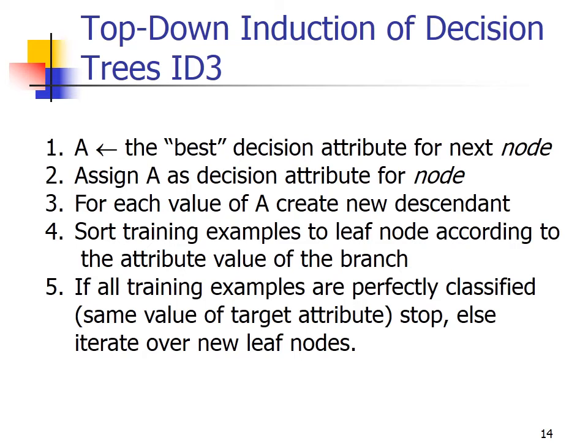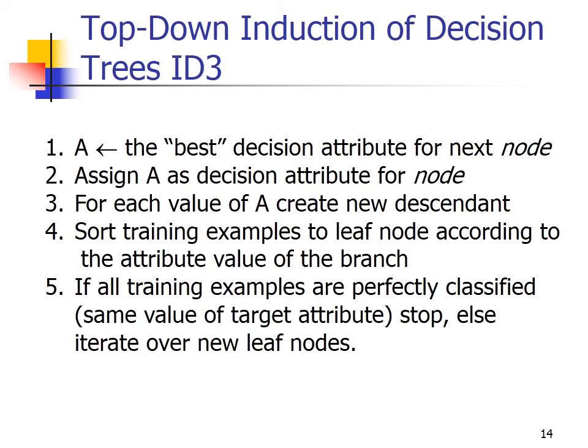See, here in the ID3 algorithm, we calculate what we call entropy and information gain, and whichever has the highest information gain takes that node.